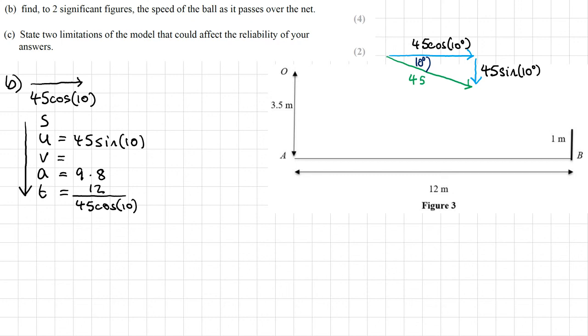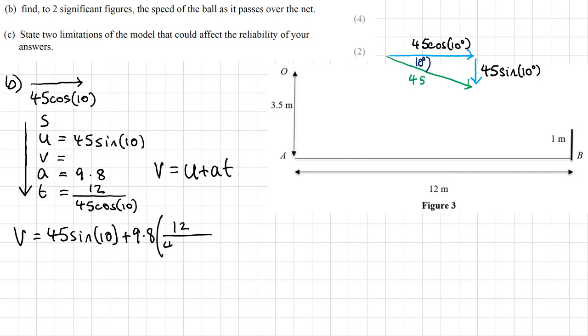So we have u, we want to find v, and a is a and t, so we've got v equals u plus at. We'll just plug those values in. So v is equal to u, 45 sine 10, plus 9.8 times by 12 over 45 cos 10.